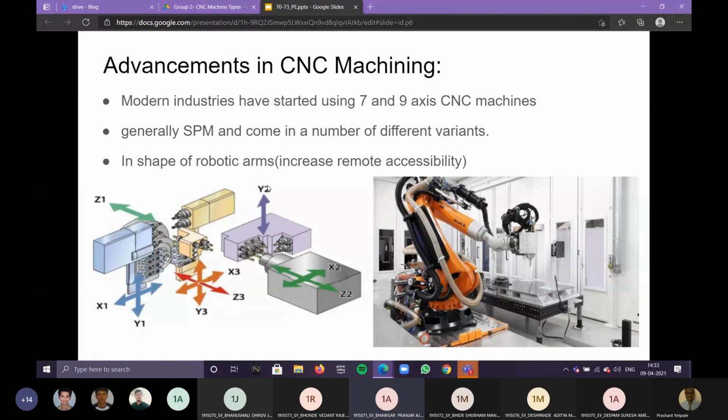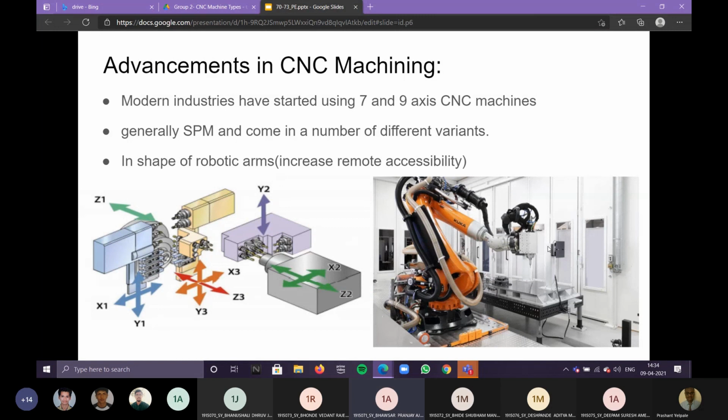The major advancement that we have made in CNC milling is that we have started using 7-axis and 9-axis CNC machines. These are specially robotic armed machines, and they are special purpose machines which are made according to the needs of the manufacturer, and they come in different variants.